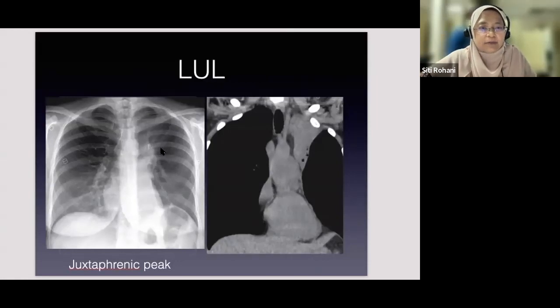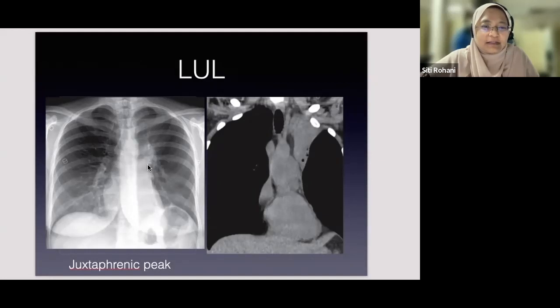How about left upper lobe collapse? We can see there's still aeration of bilateral lung fields, but you can notice the hilum is slightly elevated, and there's a faint opacification on the left compared to the right.